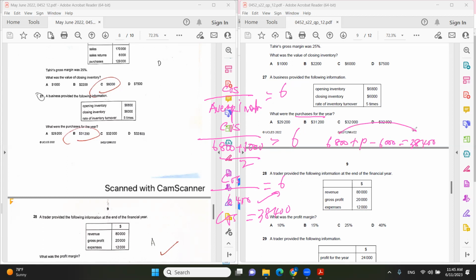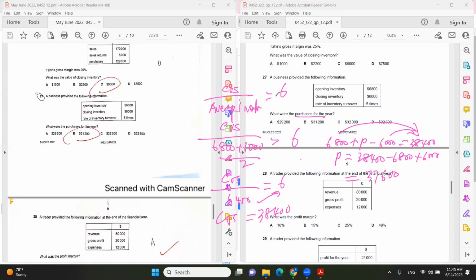So I bring this inventory to there. So purchases equals 38400 minus 6800 plus 6,000. So we get 37600. Where is my mistake? Cannot get it. Let me check one more time. Where is the mistake?